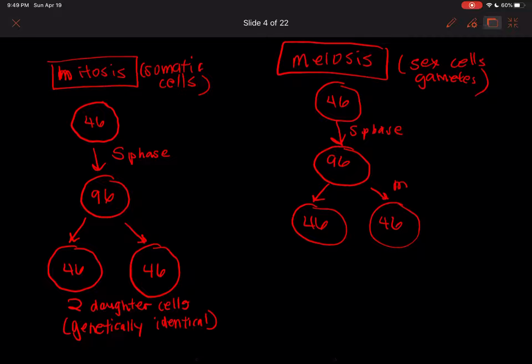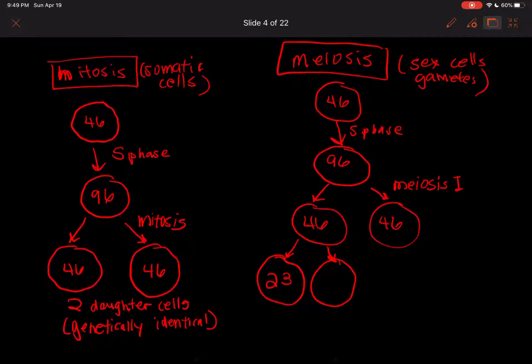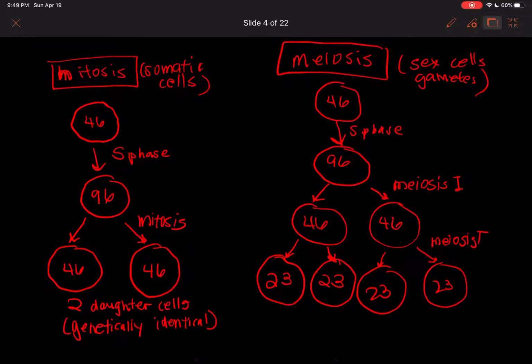This is meiosis 1. And for meiosis, you undergo another round of cell division that will give you a split of 23 chromosomes. So this is through meiosis 2. Notice that between meiosis 1 and meiosis 2, there was no S phase again.